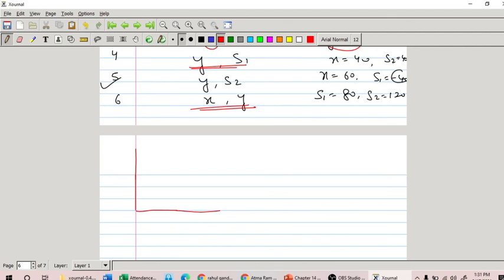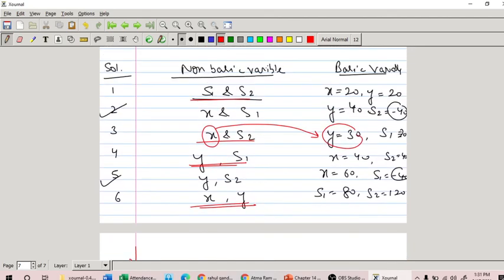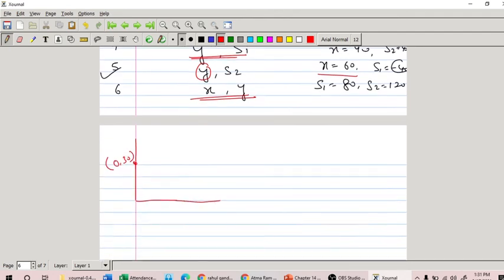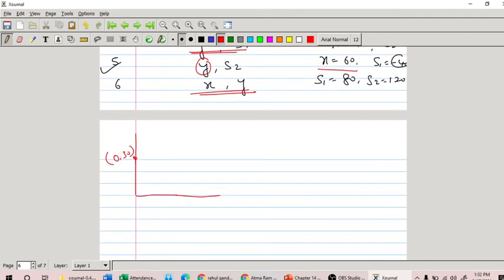So, this is going to give you 0 comma 30 here. When y is equal to 0, x is equal to 60. So, this is going to give you 60 comma 0.